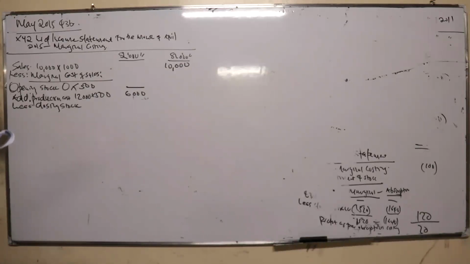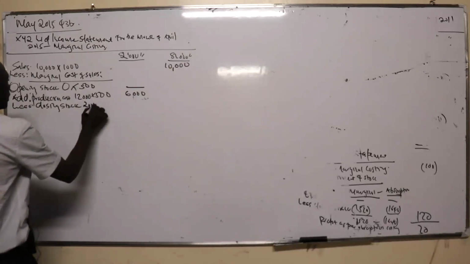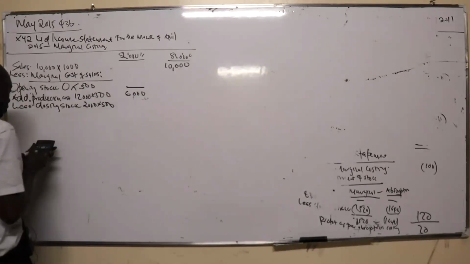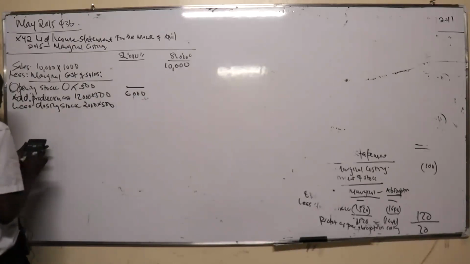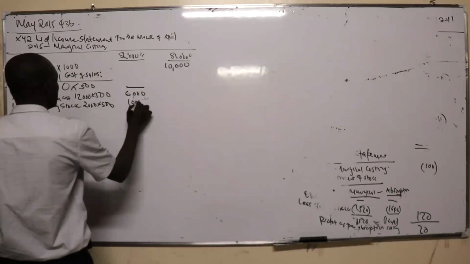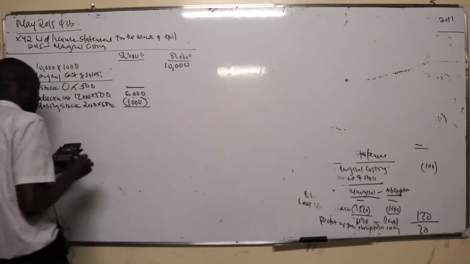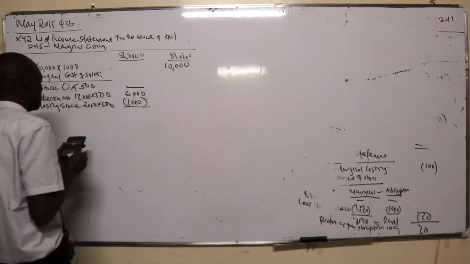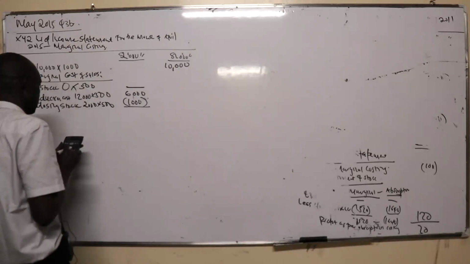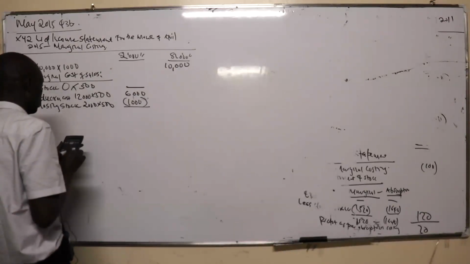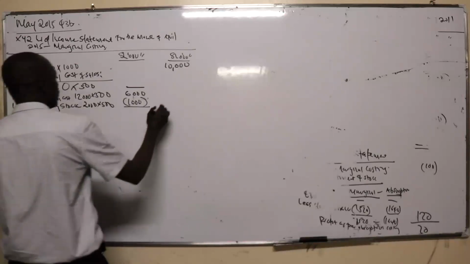They produced 12,000 and they sold 10,000, so they retained 2,000 units. So you multiply 2,000 by 500, which will give you 1,000. So this will give you 5,000 here.